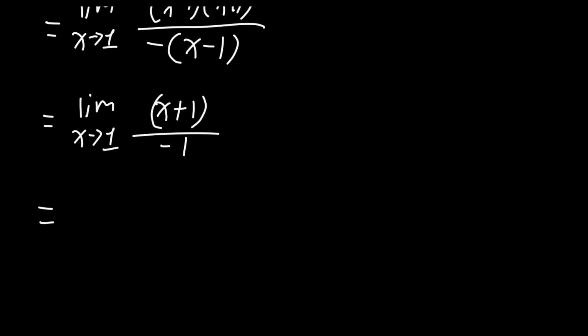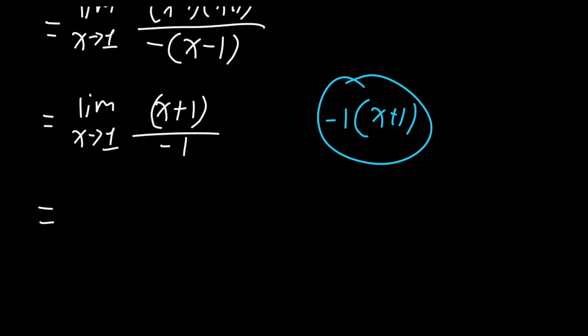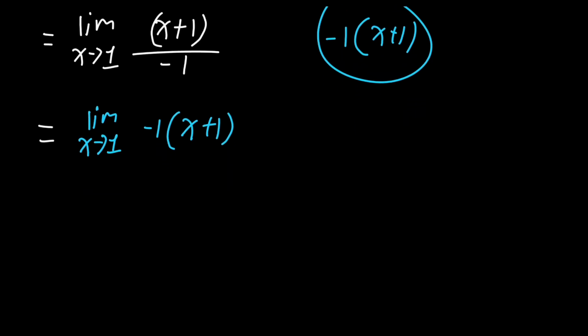Since the denominator is negative 1, we can also rewrite it as negative 1 times x plus 1, like that, right? They're the same. So it would be limit as x approaches 1 of negative 1 times this whole thing right here.